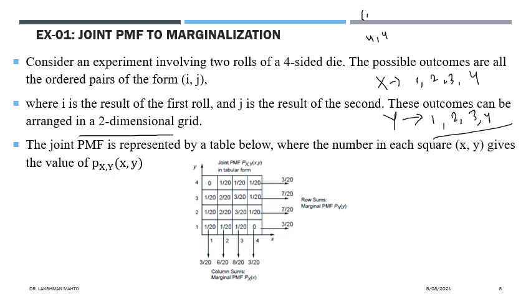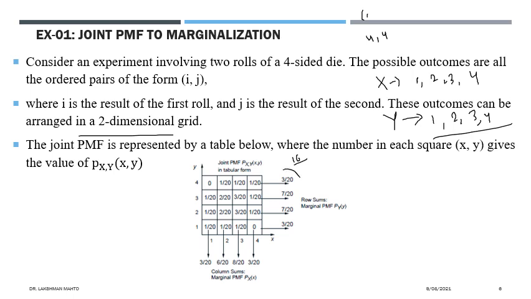This horizontal sum adds up the joint probabilities. Each entry is a joint probability, 16 in total, one for each of the 16 outcomes. Now we are summing horizontally. If you sum the first row, we get 3 by 20. If you sum the second row, we get 7 by 20. The third row gives 7 by 20. The fourth row gives 3 by 20.